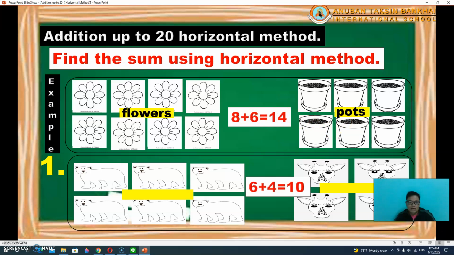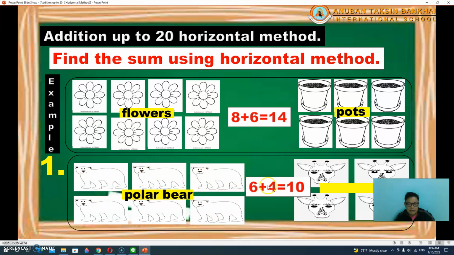Very good. Let us proceed to number 1. These are polar bears. How many polar bears are there? 1, 2, 3, 4, 5, 6.